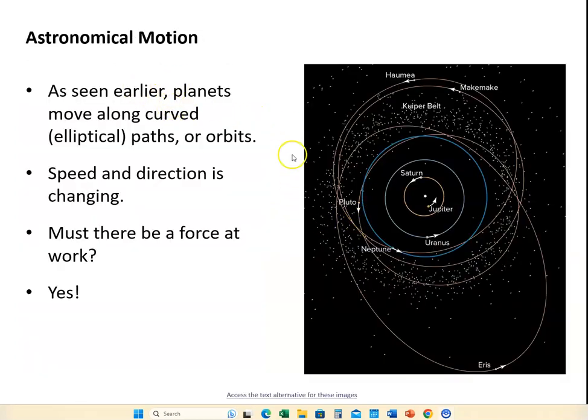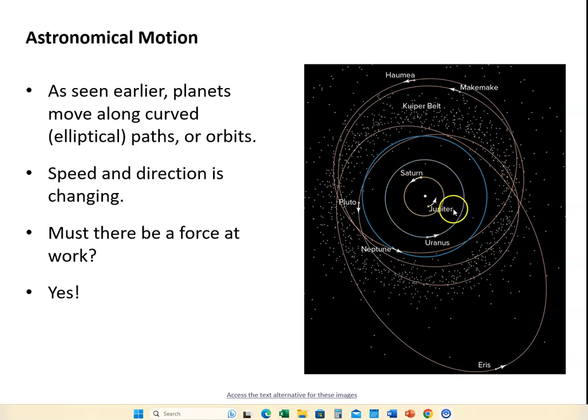This idea that gravity is a force that leaves the Earth, or that is influential in the orbit of the moon or the motion of the planets, was completely alien to ancient humans.